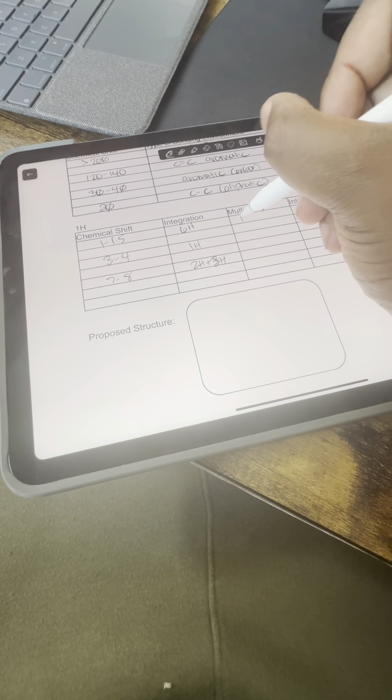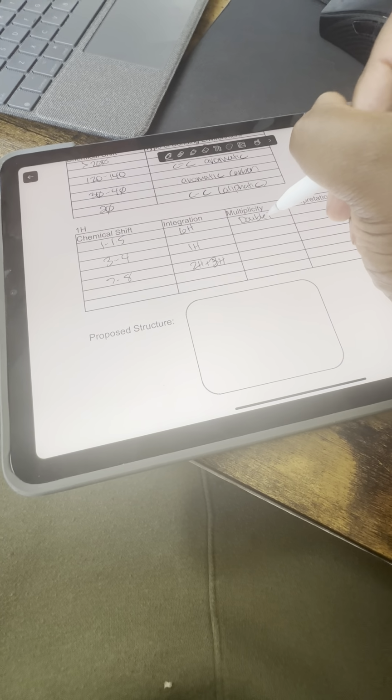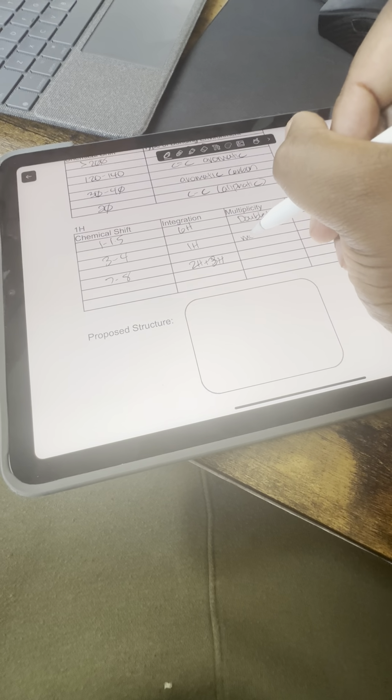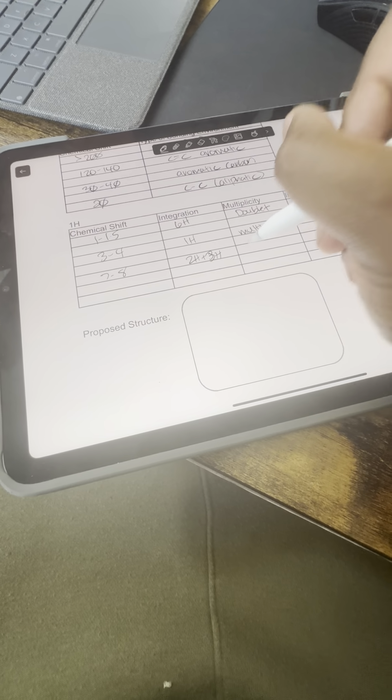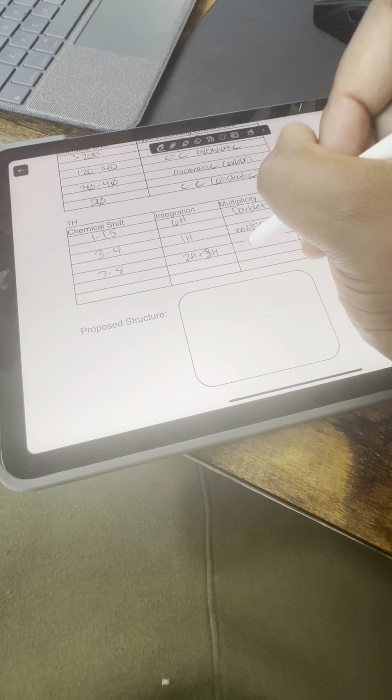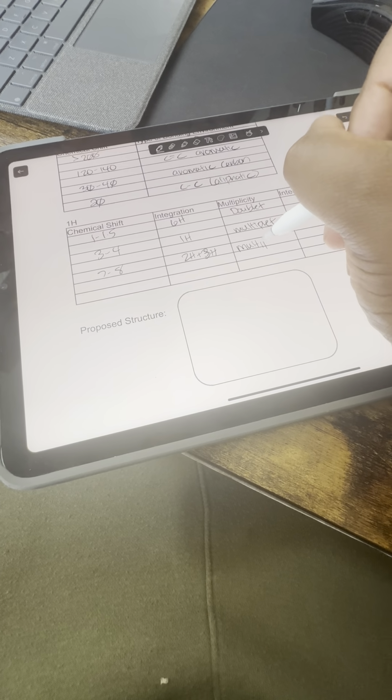We said that that was a doublet. This here was a multiplet because of all the additional peaks there, and we also said that this was the same thing.